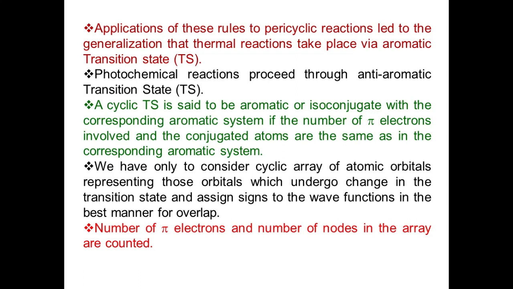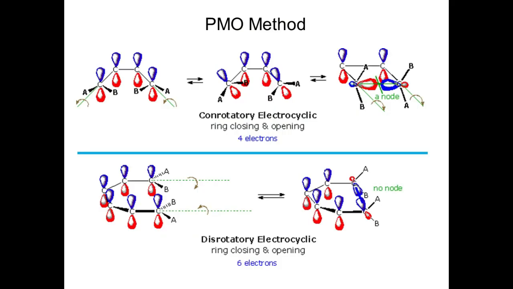If the number of pi electrons involved in the conjugated atoms is the same as in the corresponding aromatic system, we have only to consider the cyclic array of atomic orbitals representing those orbitals which undergo change in the transition state, and assign signs to the functions in the best manner to overlap. The number of pi electrons and the number of nodes in the array are considered, right? So this is the PMO method.